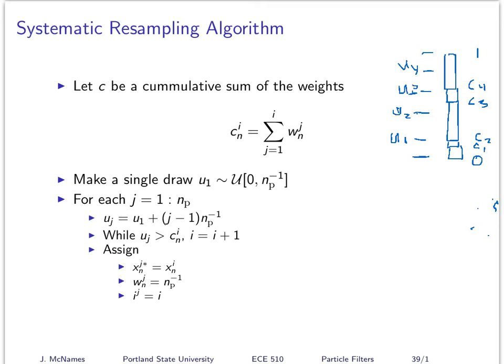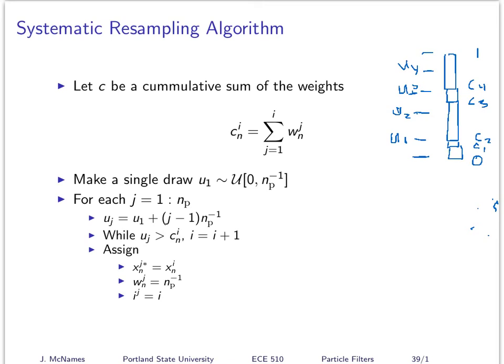This whole comb, these are spaced 1 over n_p apart, but it's shifted up and down by a random amount. So where that comb hits the stack depends on this initial number that is generated.